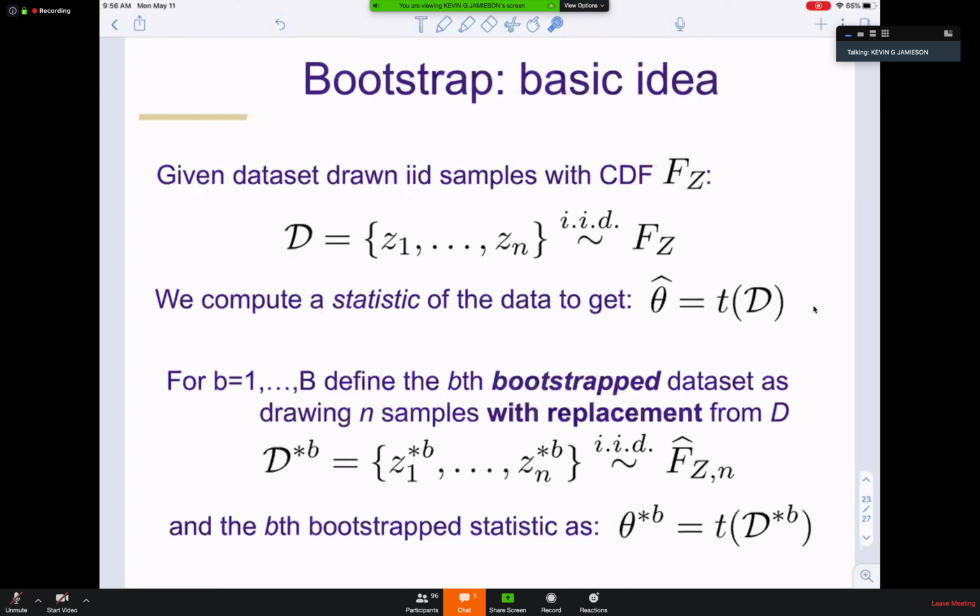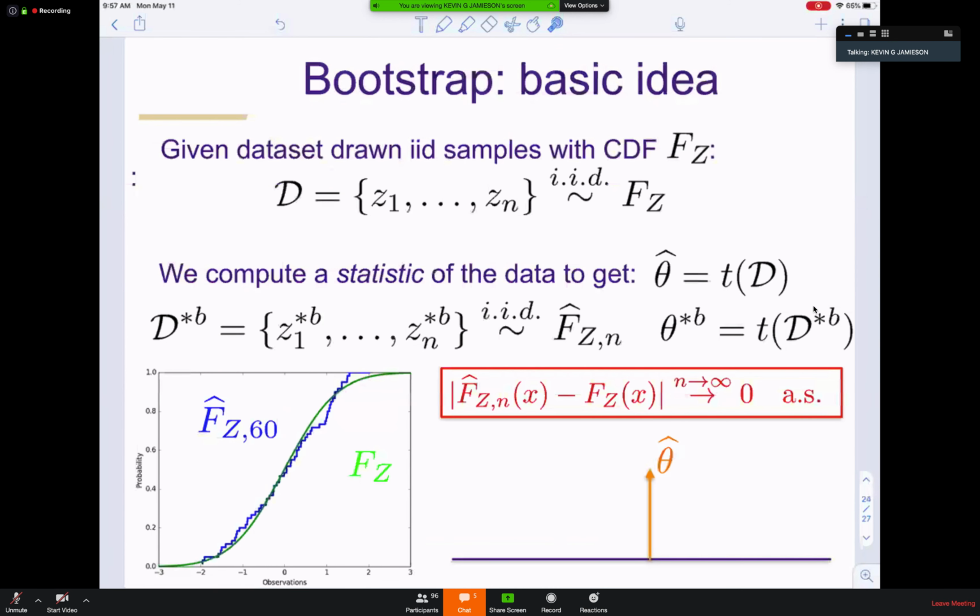So if you saw n examples, on the b-th iteration you'd sample n points uniformly at random with replacement from your data set, get some data set D star b, and then you would compute theta star b on that data set, and you'd get some sample. And if you repeat this big B times, you get big B many of these, and then you can do statistics on these as if you're getting big B copies of the data set that you had. You don't just get one, you got big B of them.